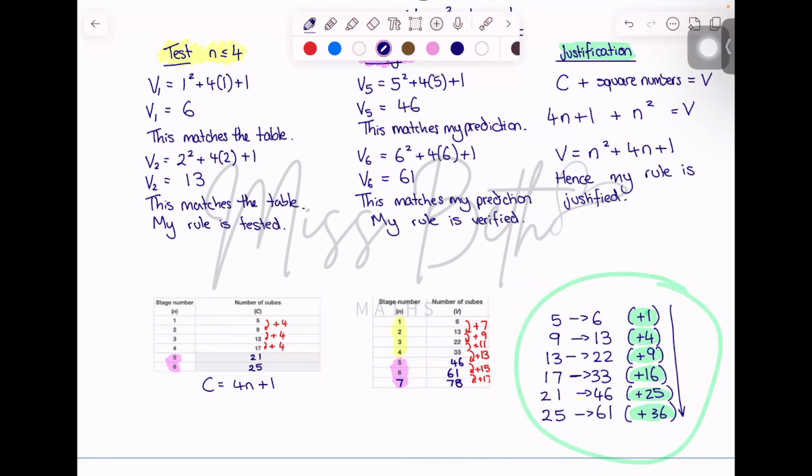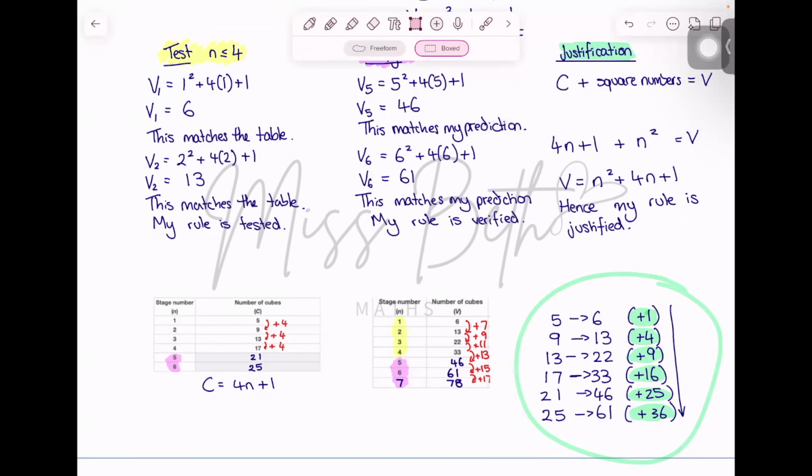So you could even say, let me move this bit down a little bit, so you could say, +1, +4, +9, +16 is being added to the number of cubes. And that would make it complete. That would get you the full 20 marks.